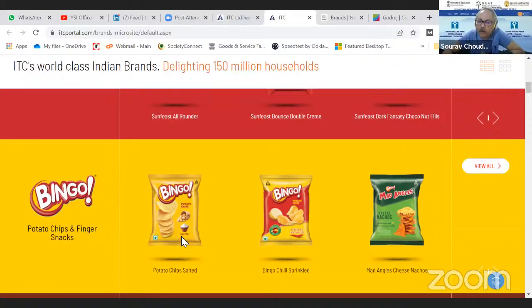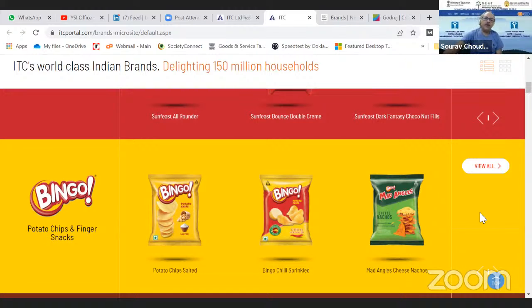Correct. Now, when you make it salted, you make it chili, you make it paprika, you make this, make that, then you start getting extensions. You make Bingo nachos, you make different product categories. You do a brand extension. Correct. Got it?